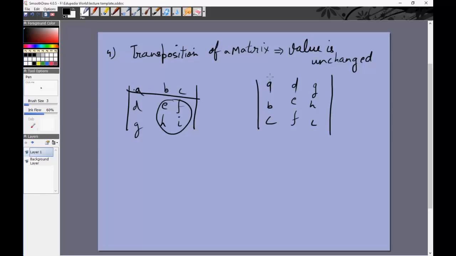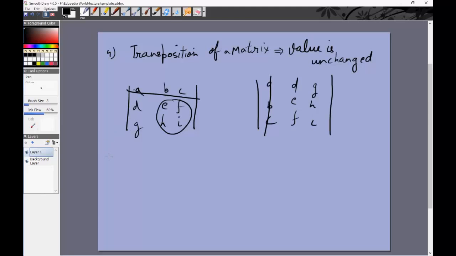Now you expand this by this column and you'll see you get the exact same relation. A times E, H, F, I, B times D, G, F, C, which has a minus, and C times D, G, E, H. Right, so you see that you will get the exact same relation, and so you can see that the transposition of a matrix means that the value of the determinant is unchanged.